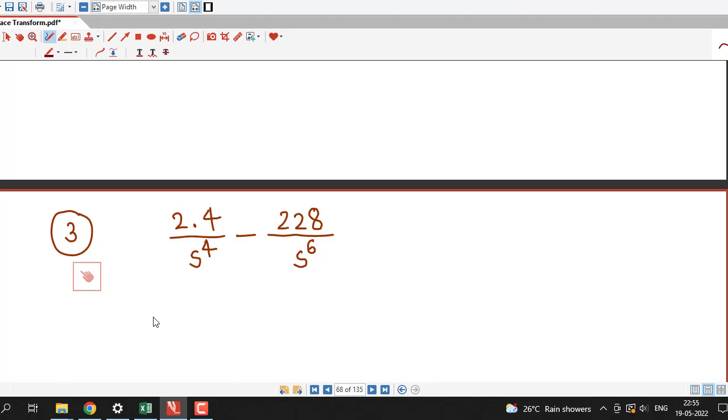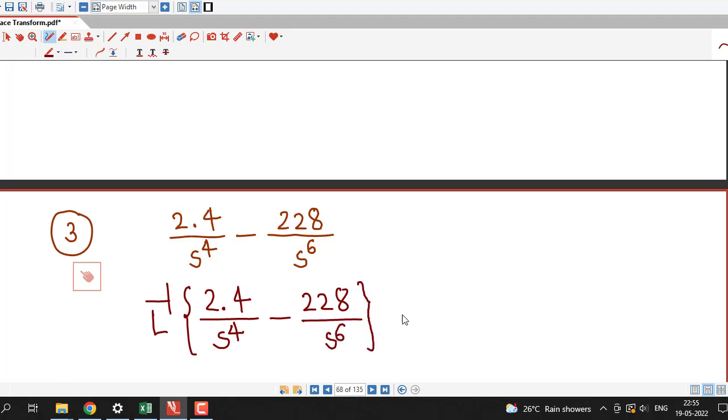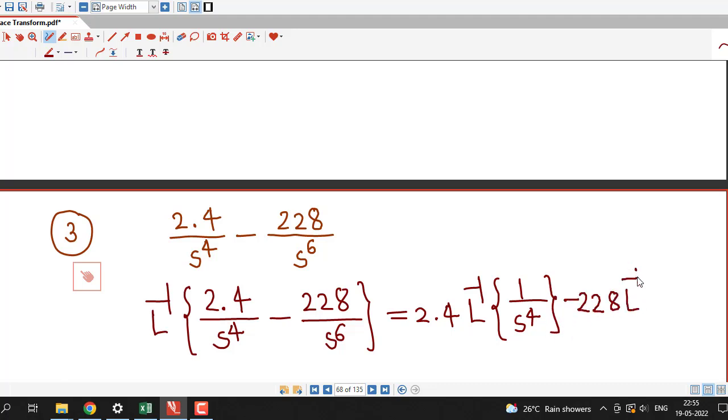So L inverse of this function, L inverse of 2.4 divided by s raised to 4 minus 228 divided by s raised to 6, this is equal to, using the linearity property, 2.4 times L inverse of 1 divided by s raised to 4 minus 228 times L inverse of 1 divided by s raised to 6.